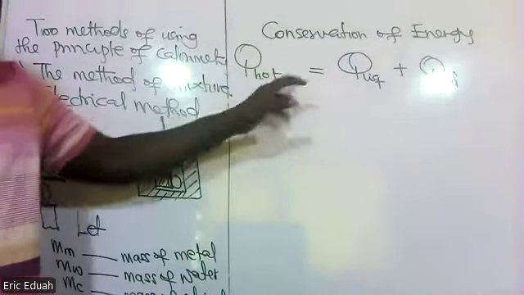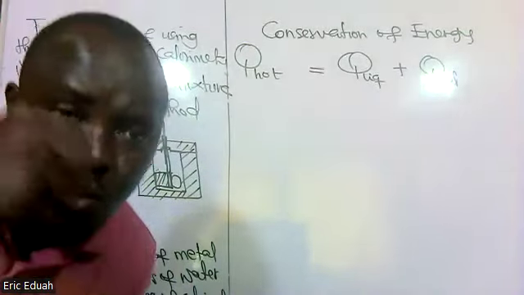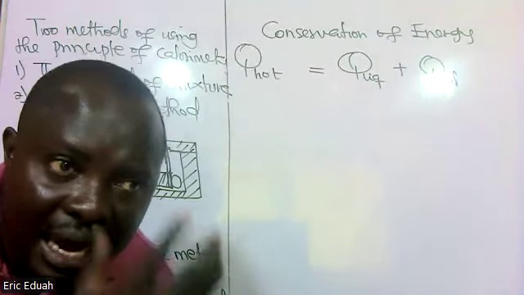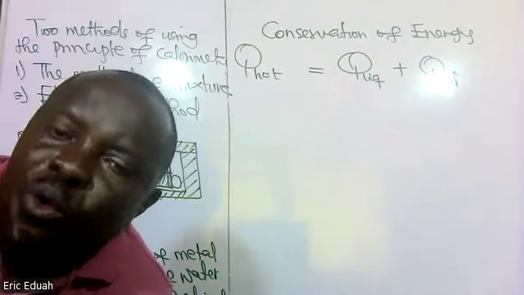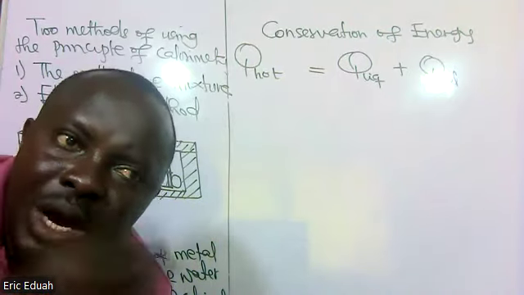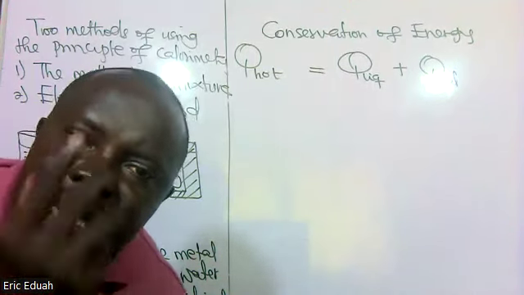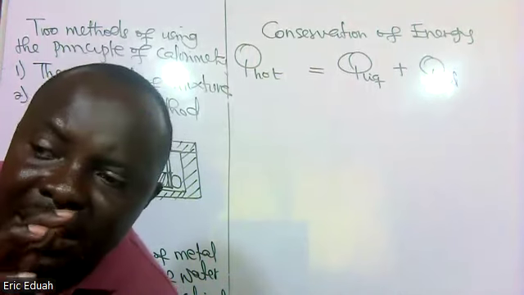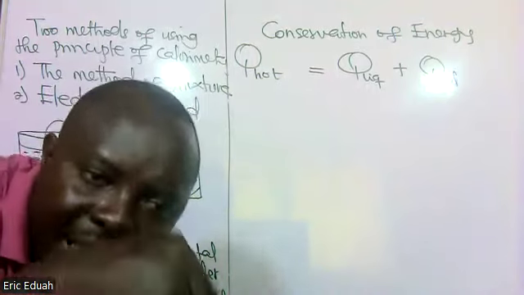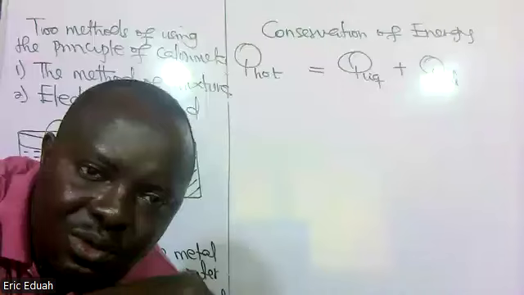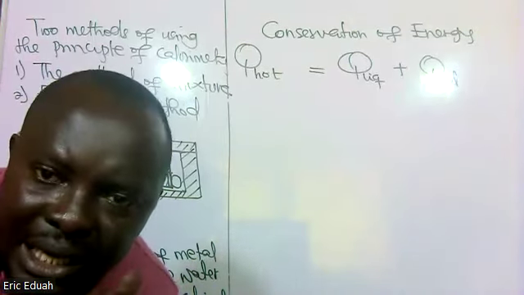This wouldn't be only the water, because when you put hot water in a glass or even a plastic cup, the water within the glass or the plastic cup will be heated. Then you also realize that the glass or the plastic cup would also be heated. So both whatever is within the container and the container itself will be heated.